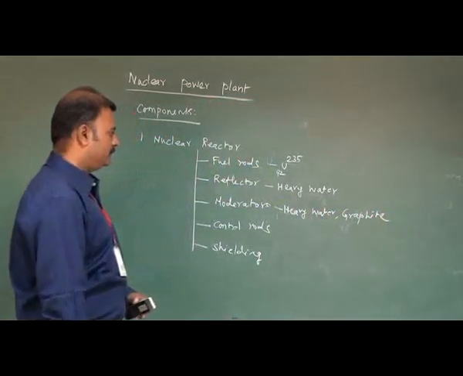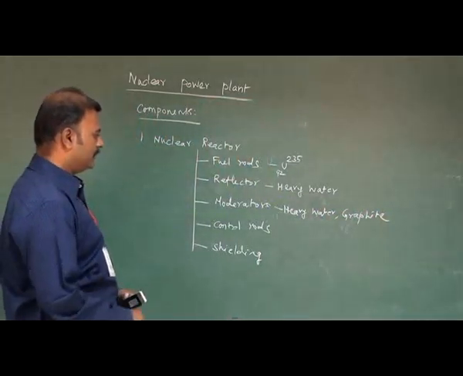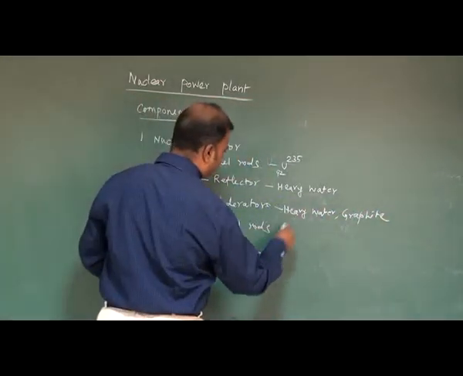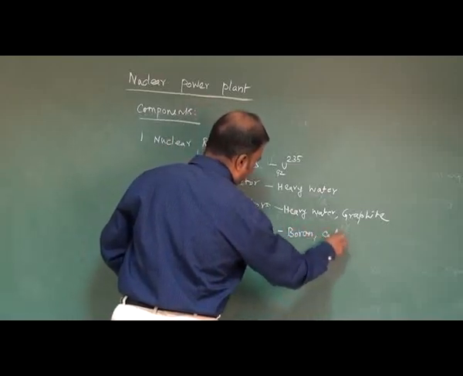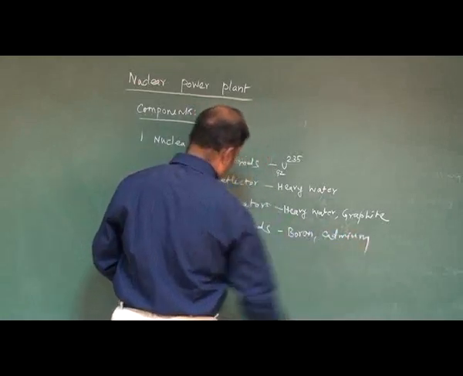Control rods are used to control the nuclear fission reaction; barium, boron and cadmium are used to control the reaction.